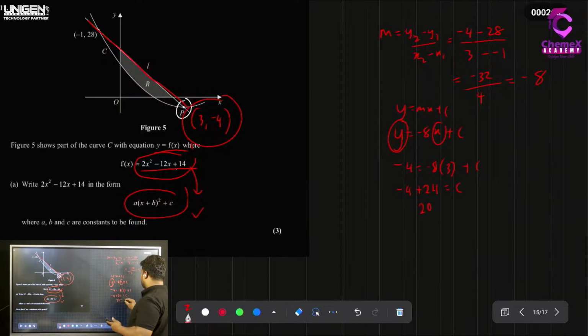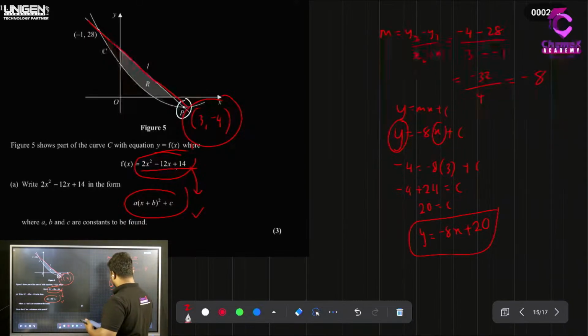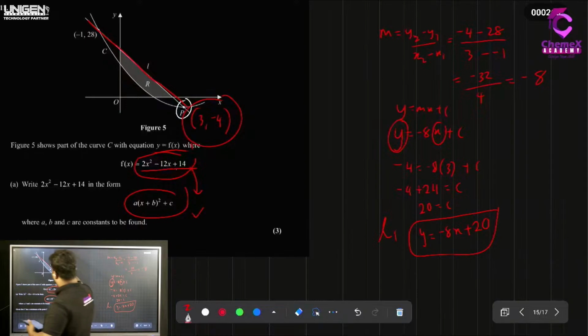So 20 equals c. So y equals minus 8x plus 20. That's the equation for the L1 line. Any questions, Nidusha? No, sir. Now we found the L1 line, y equals minus 8x plus 20.